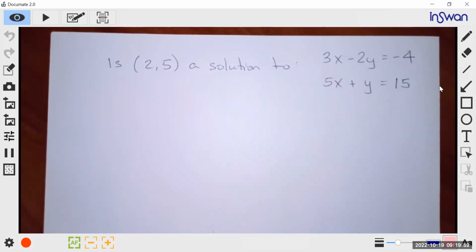Is the point (2, 5) a solution to that system? How do we test it?